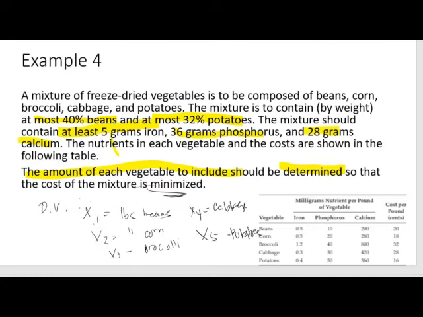Next, ang sabi daw, itong nutrients: ang mixture should contain at least 5 grams of iron, 36 grams of phosphorus, and 28 grams of calcium.